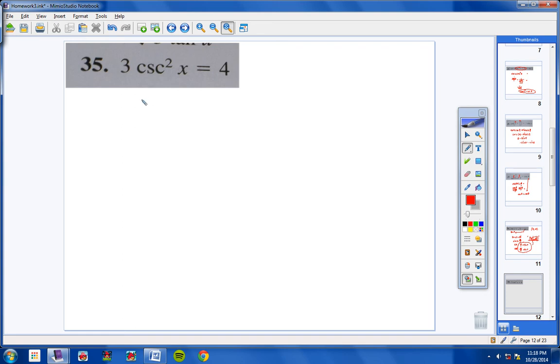Okay, we're going to divide both sides by 3. And then take the square root of both sides. Okay, we're going to get plus minus square root of 4/3. Okay, now that gives us plus minus 2 over square root of 3.